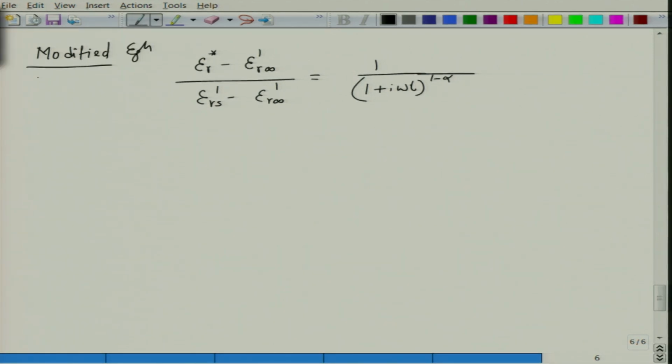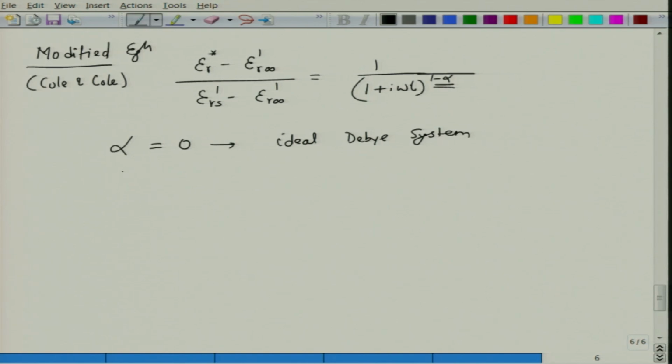and this was done by a gentleman called Cole. Here alpha is a parameter whose value will determine whether the system is ideal or not. Alpha equal to 0 means your system is an ideal Debye system, and alpha greater than 0 means your system is non-ideal in nature.